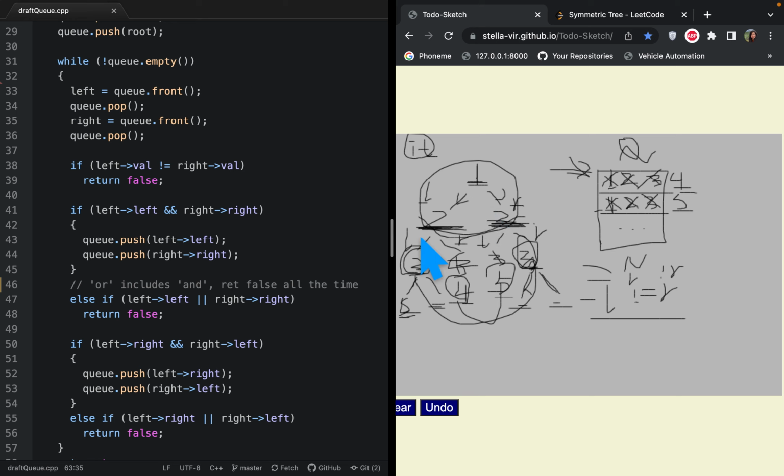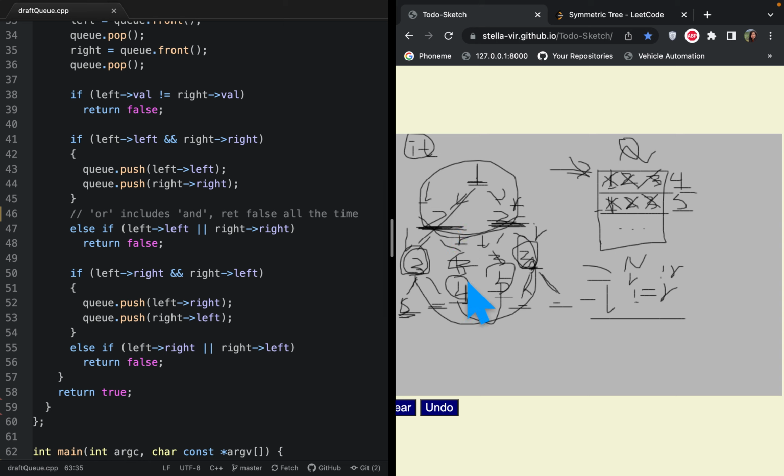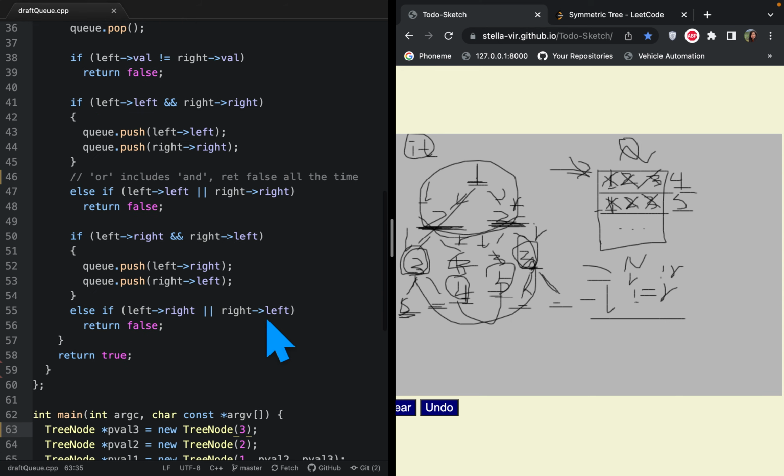We're going left to the left, this line, and right to the right. If they both exist, then push them onto the queue again. Else, if only one side exists, then return false immediately. And a similar thing for the right side of the left and the left side of the right. Return false if only one side exists.